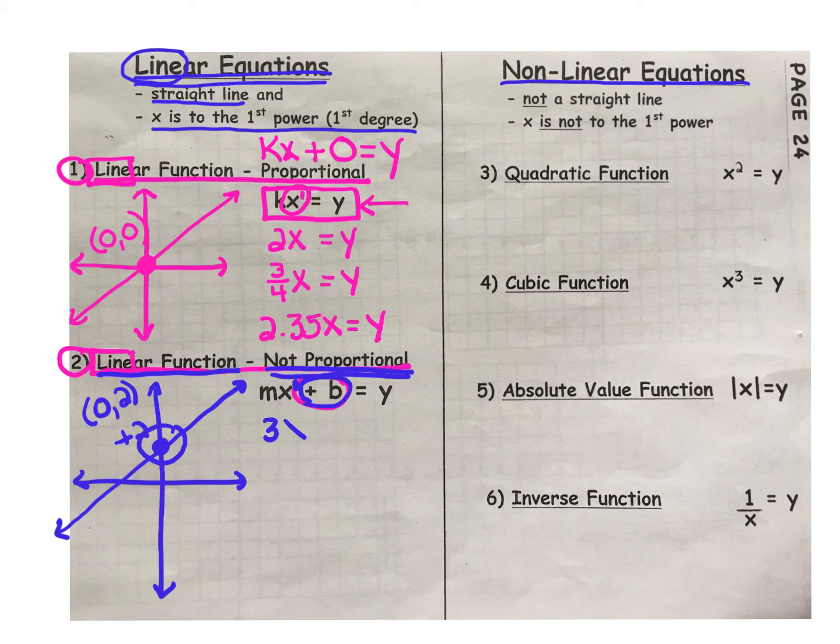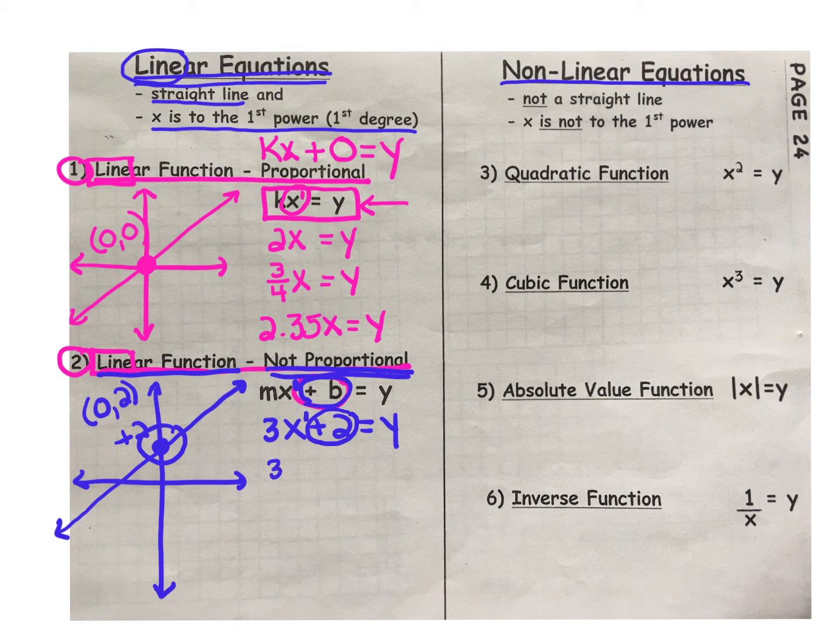3 times x plus 2 equals y. Of course, x is to the first power. And our intercept, well, that's positive 2. Remember, these equations can look several different ways.